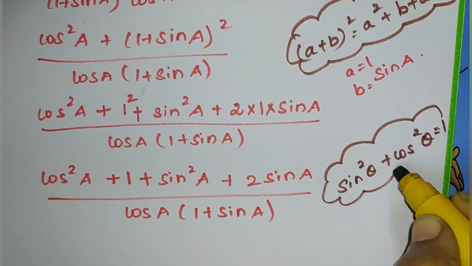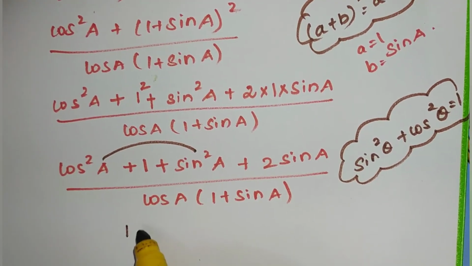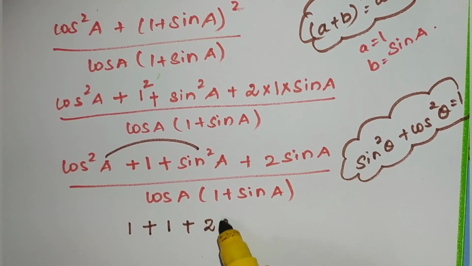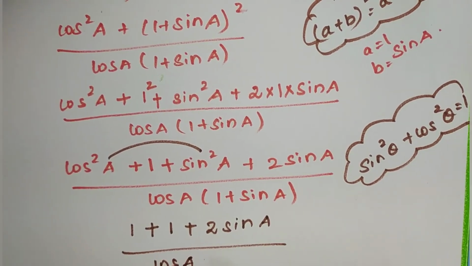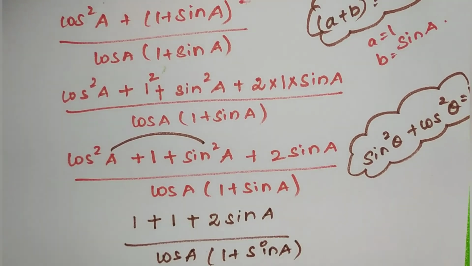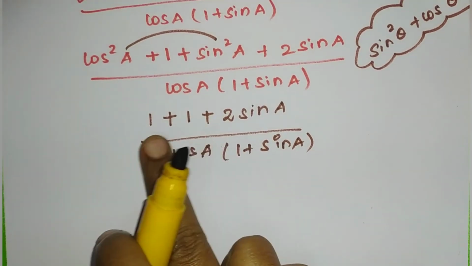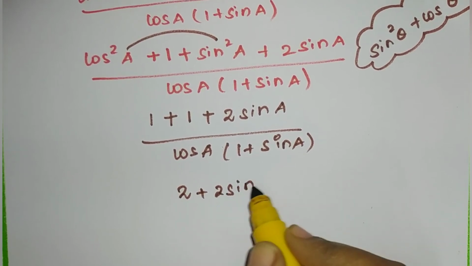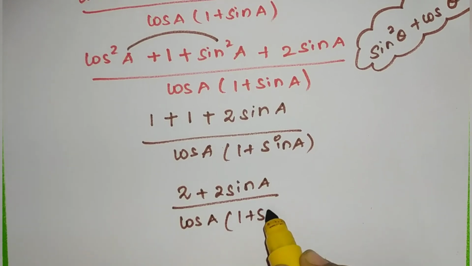So 1 plus this 1 plus 2 sin A divided by cos A into 1 plus sin A. Now 1 plus 1 is 2, so 2 plus 2 sin A divided by cos A into 1 plus sin A.